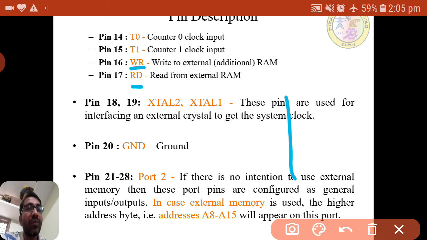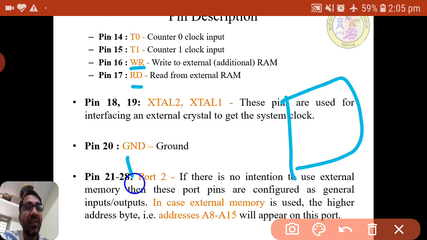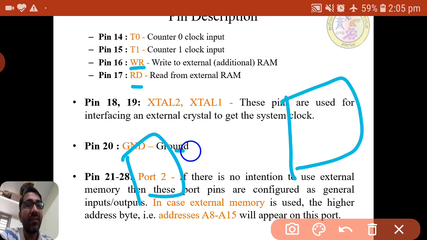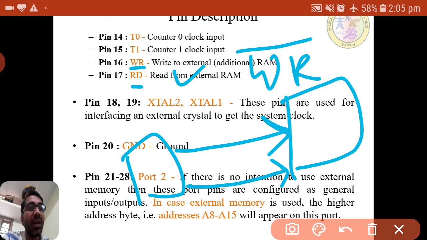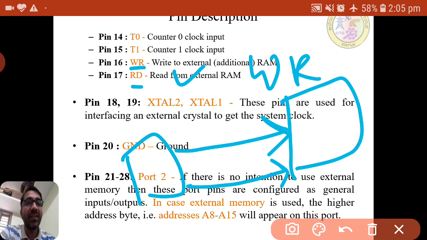And these are the basic read and write functions. Suppose you want to communicate with an external device: if you want to write, we need to send a write signal, and if you want to read, we need to activate pin number 17. As I said, if it is read bar, then it is active low, and if the bar is not there, then it is active high.